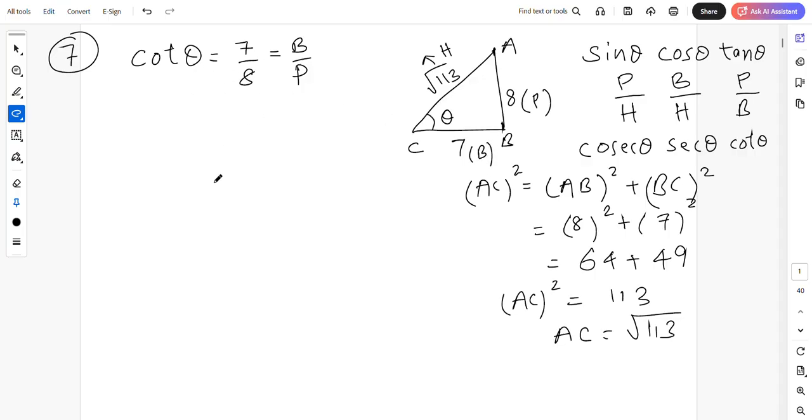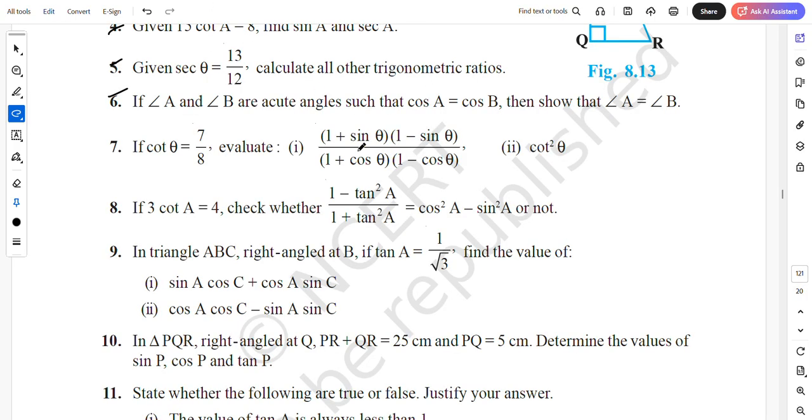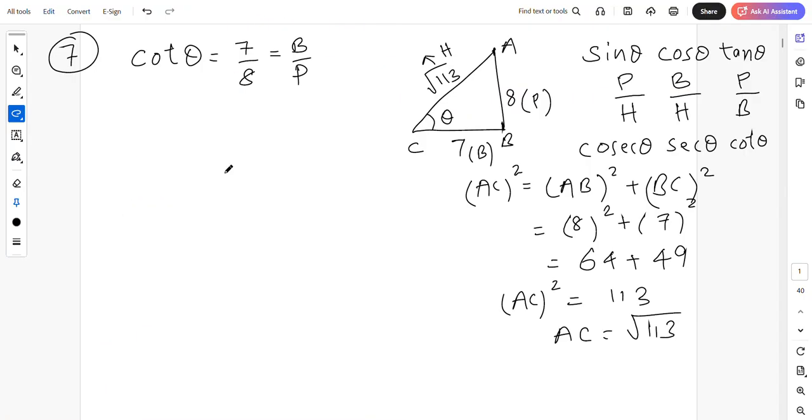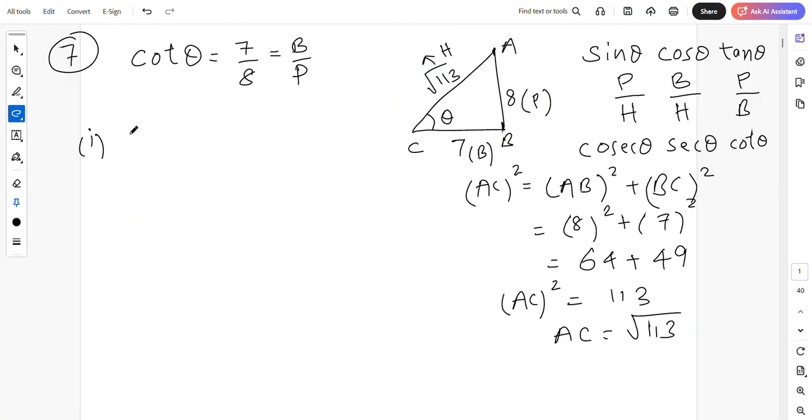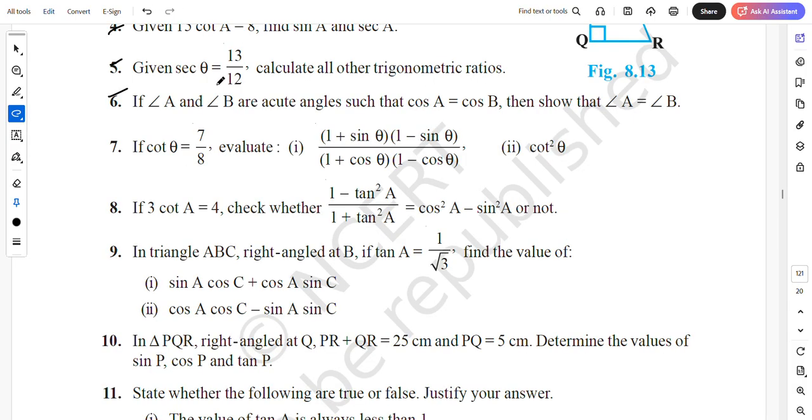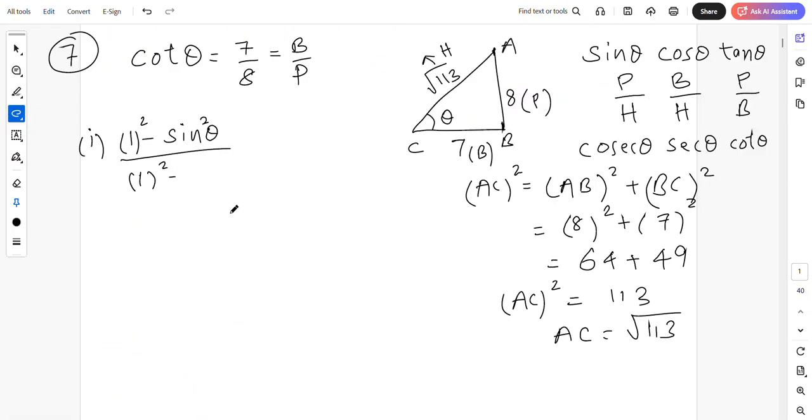Now, AC is root of 113. What are we supposed to calculate? Number 1 is (1 plus sin theta) into (1 minus sin theta) divided by (1 plus cos theta) into (1 minus cos theta). See, (1 plus sin theta) into (1 minus sin theta) can be written as 1 square minus sin square theta, divided by 1 plus cos theta into 1 minus cos theta, which is nothing but 1 square minus cos square theta.